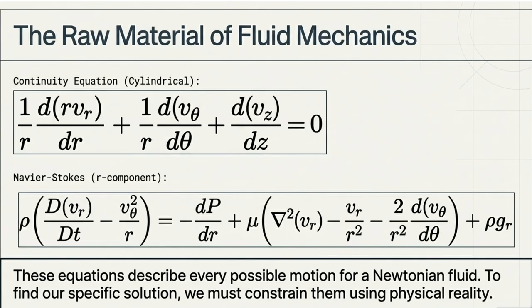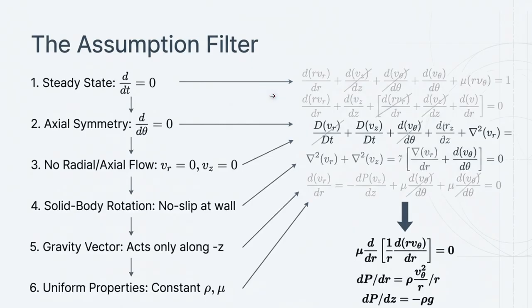After this, we are going to take some assumptions for this problem. As the flow is in steady state, d by dt is equal to 0. As there is axial symmetry, d by d theta is also equal to 0.